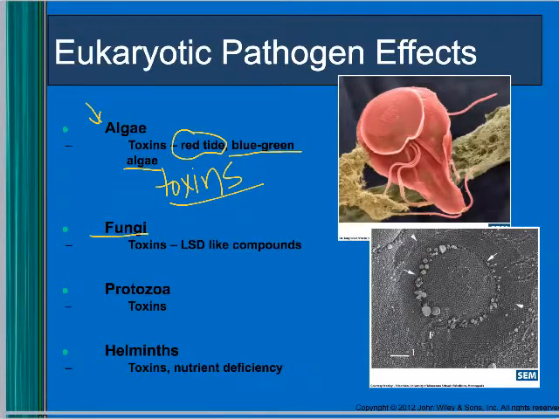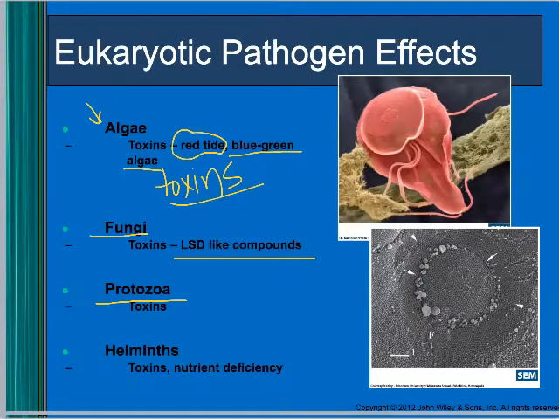Fungi produce toxins as well, so they can actually kill you. Like poisonous mushrooms, they produce pretty bad toxins. They also can produce things like LSD that cause hallucinations, and that depends on what you want to do with it. But if animals eat it, it can be bad.